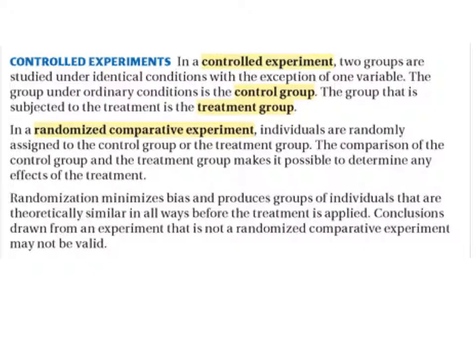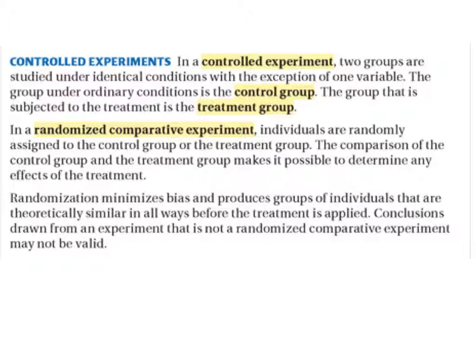Moving on, controlled experiments. In a controlled experiment, two groups are studied under identical conditions with the exception of one variable. The group under ordinary conditions is called the control group. The group that is subjected to the treatment is the treatment group. In a randomized comparative experiment, individuals are randomly assigned to the control group or the treatment group.